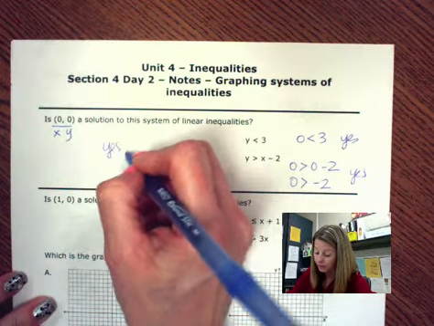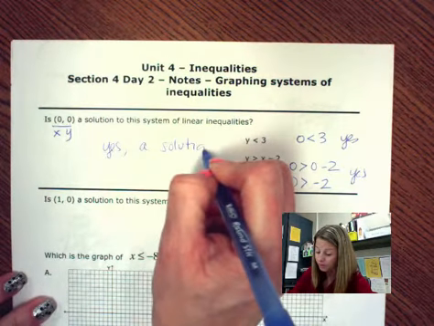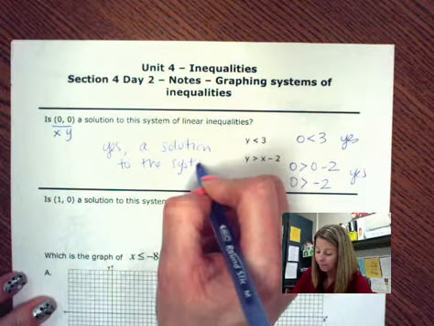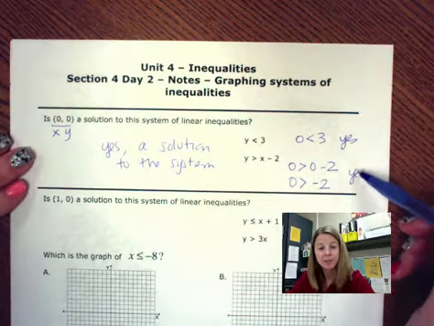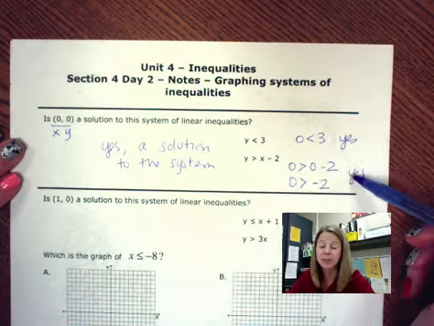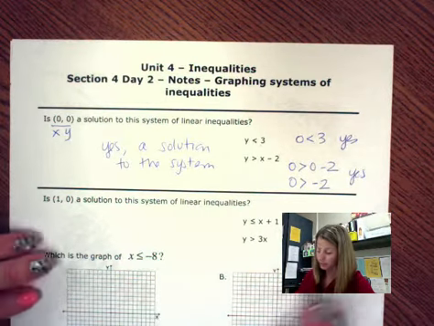So I'm going to write here, yes, a solution to the system. Okay. I have to have yes on both of them, so you must check them both. If one of them is a yes and the other is a no, then it is not a solution for the whole system.